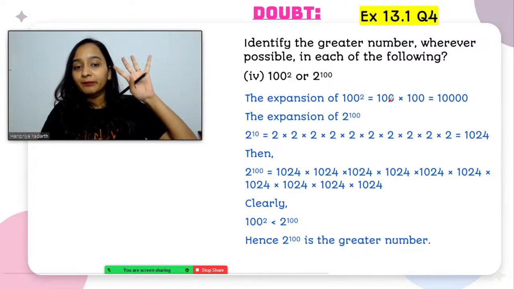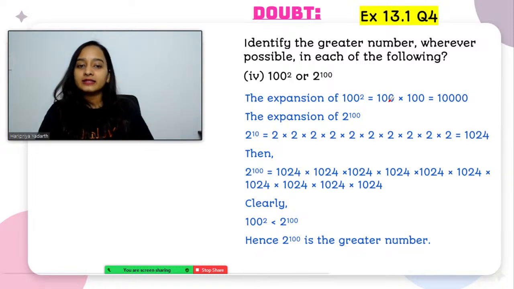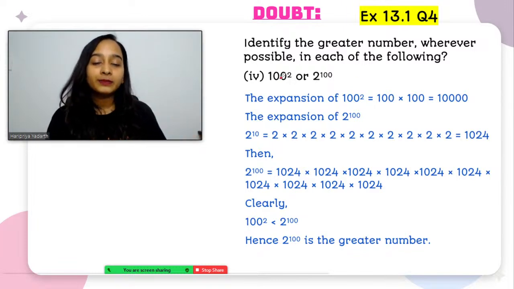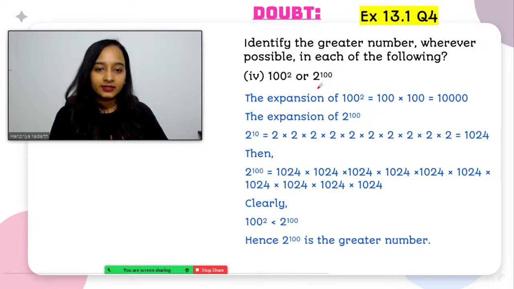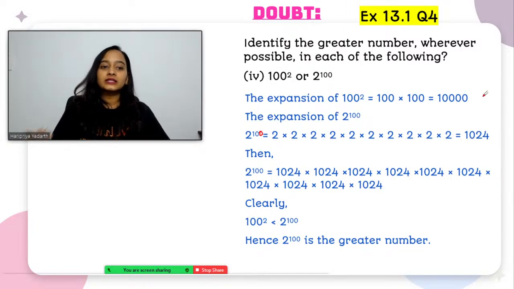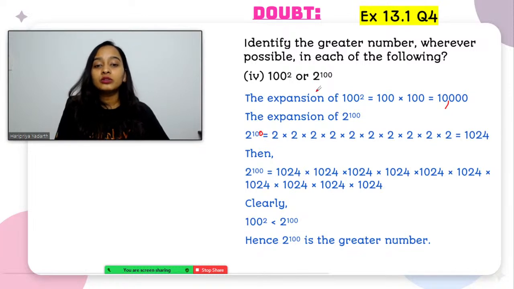13.1 question number 4. Identify the greater number wherever possible in each of the following. Now, 100 to the power 2 or 2 to the power 100. Actually, it is 2 to the power 100; they have taken 2 to the power 10. Clearly, 100 to the power 2 is nothing but 100 into 100, which is 10,000. Now, what about 2 to the power 100? Okay, got it.